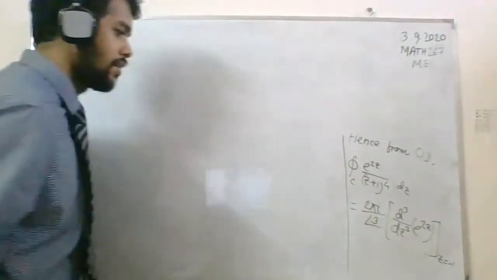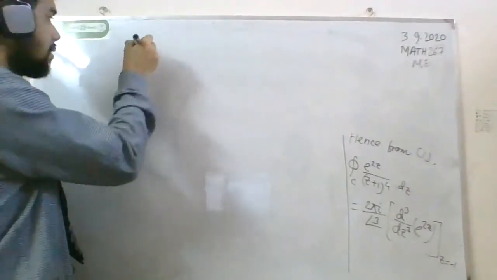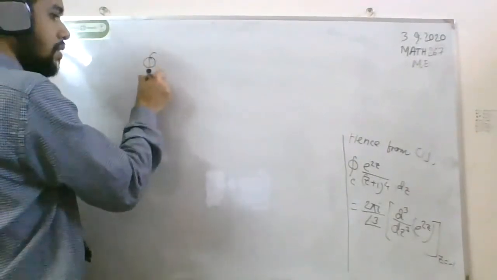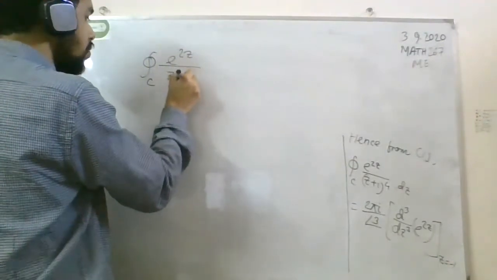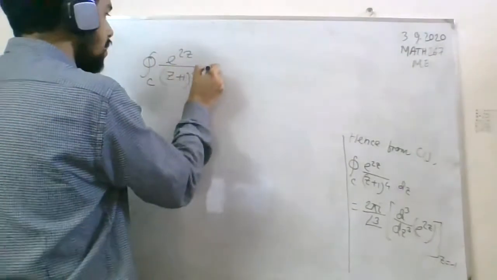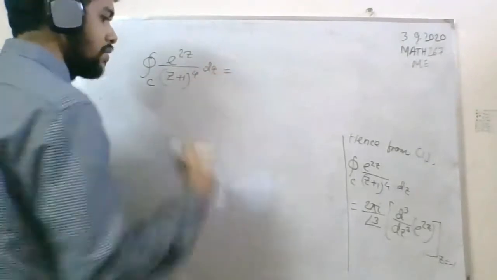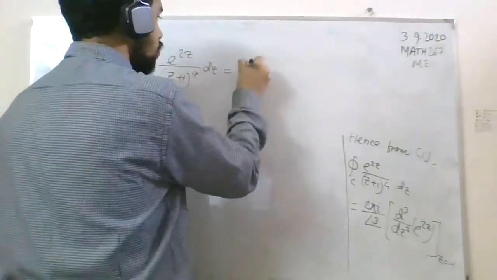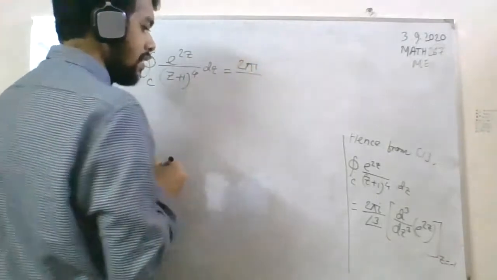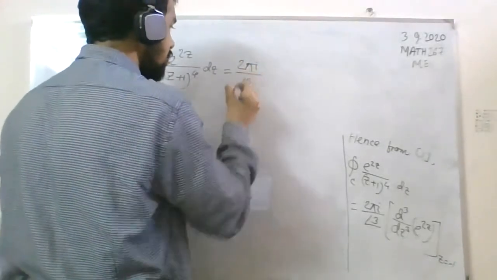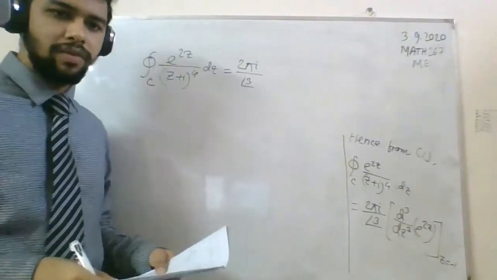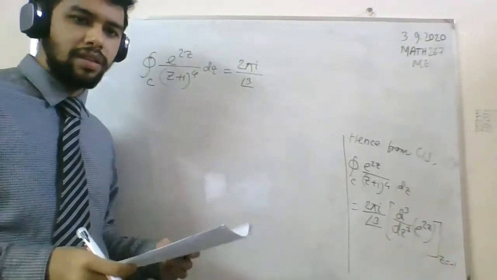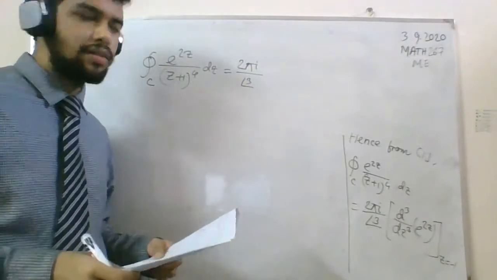Sir, the math is done in the PDF. Yes, here e to the power 2z divided by (z plus 1) to the power 4 dz equals here 2 pi i divided by factorial 3 means what is the value of factorial 3? 6.